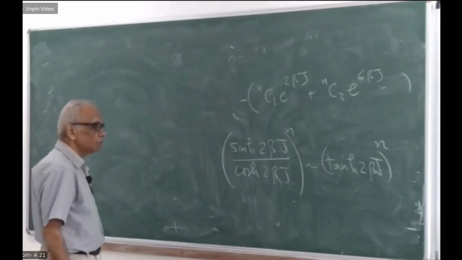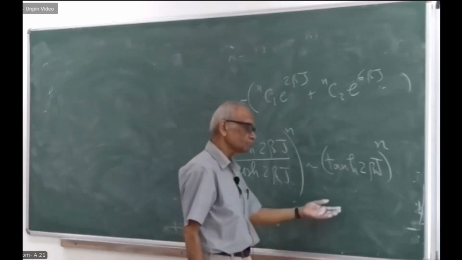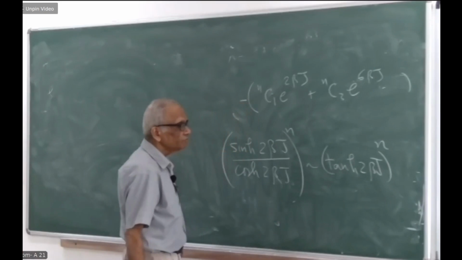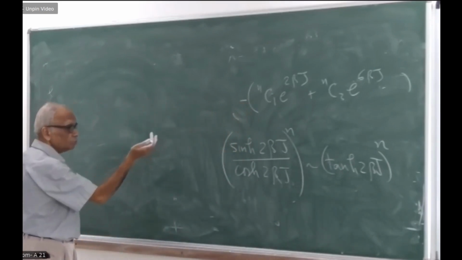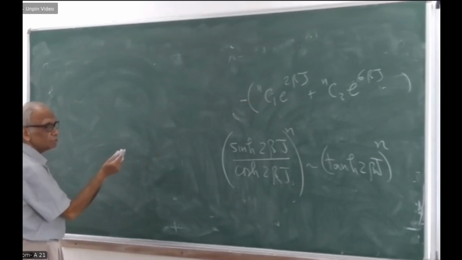So what is the correlation length? I have a very large beta, t going to 0.